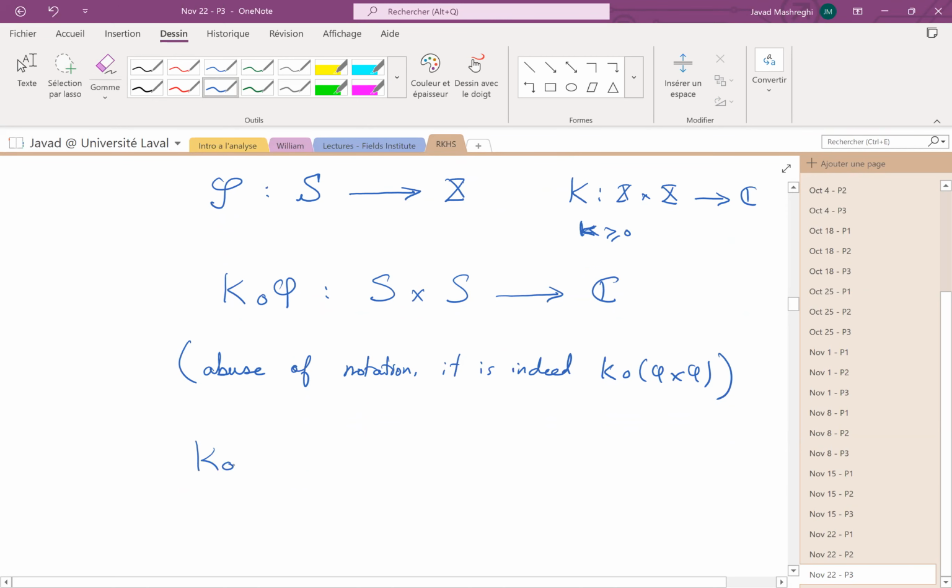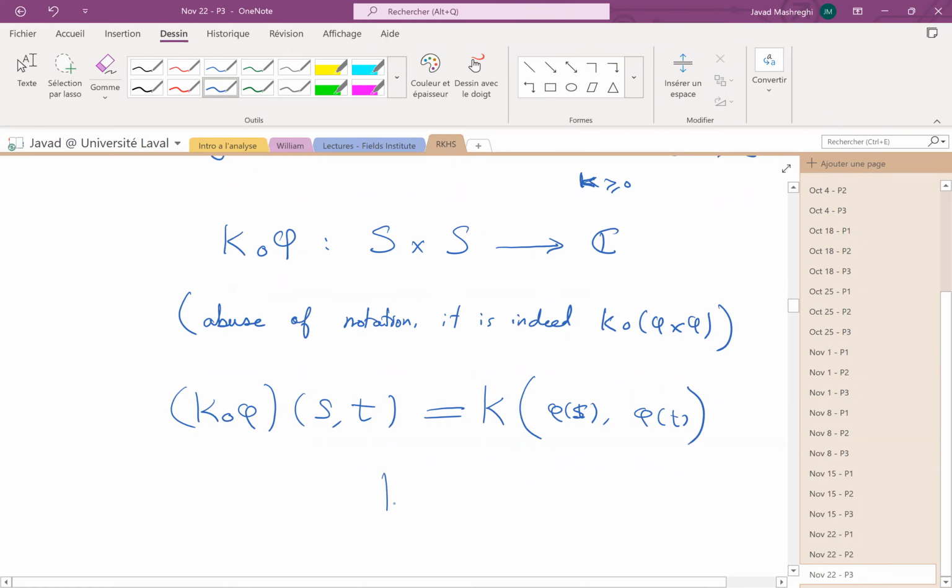K composed with phi at points s and t is defined to be K at points phi(s) and phi(t). So what can we say about K composed with phi?